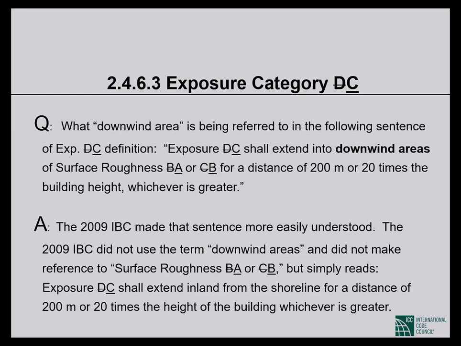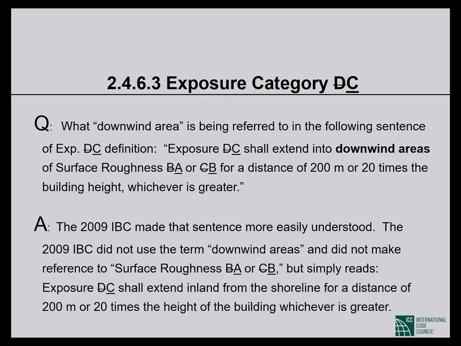Okay. We said that 2009 IBC made that sentence more easily understood. The 2009 IBC did not use the term downwind areas, did not make reference to surface roughness A or B, but simply reads exposure C shall extend inland from the shoreline for a distance of 200 meters or 20 times the height of the building, whichever is less.